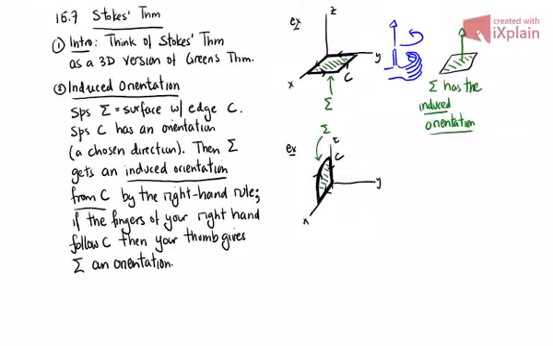In this case, if we draw a hand, the fingers need to follow C, which means they need to wrap around and the thumb needs to point to the right. This is my right hand, and the fingers are coming over, like this.